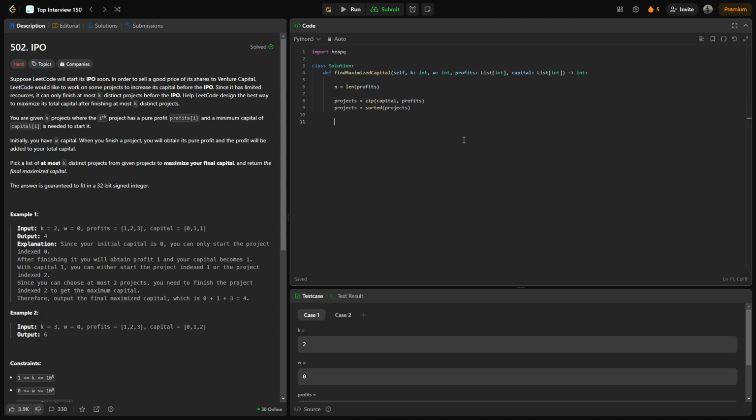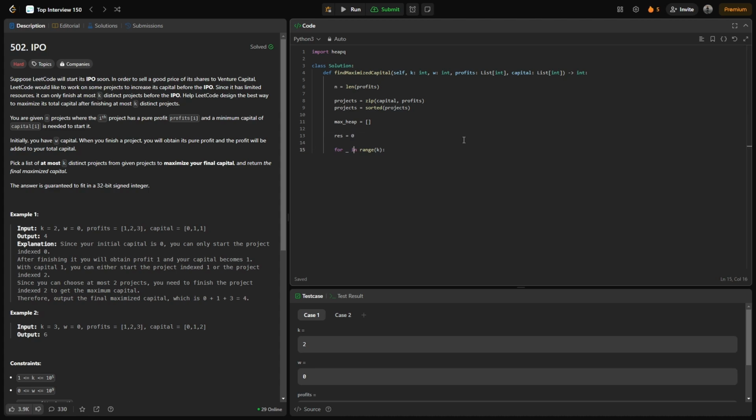Once I've done that, I can create my maxip. So once that is done, how many distinct projects can I create? The distinct projects I can create is only k, so for underscore in range of k. And also one more thing, I need to calculate the result.